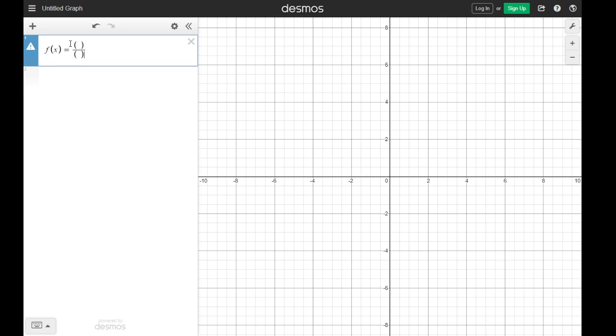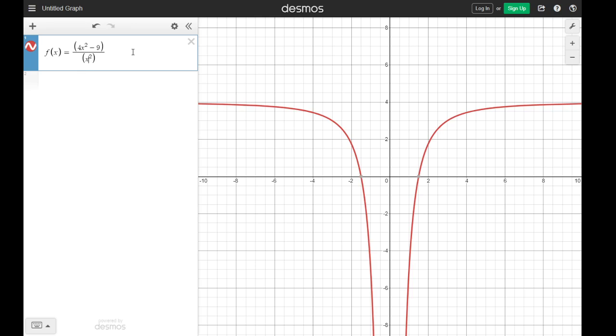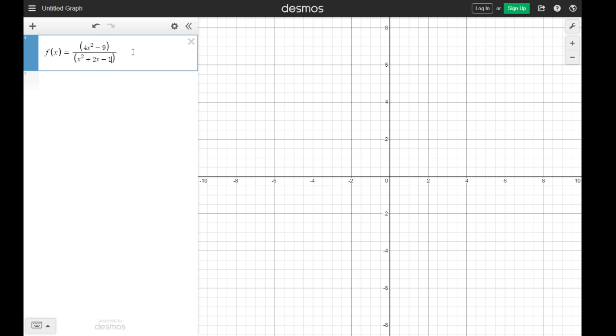And so I put those like this. And so now I can actually type in what I see within my fraction pretty easily. So I have 4x squared minus 9. And in the denominator, I have x squared, oops, it should be an x, not a c, plus 2x minus 15.